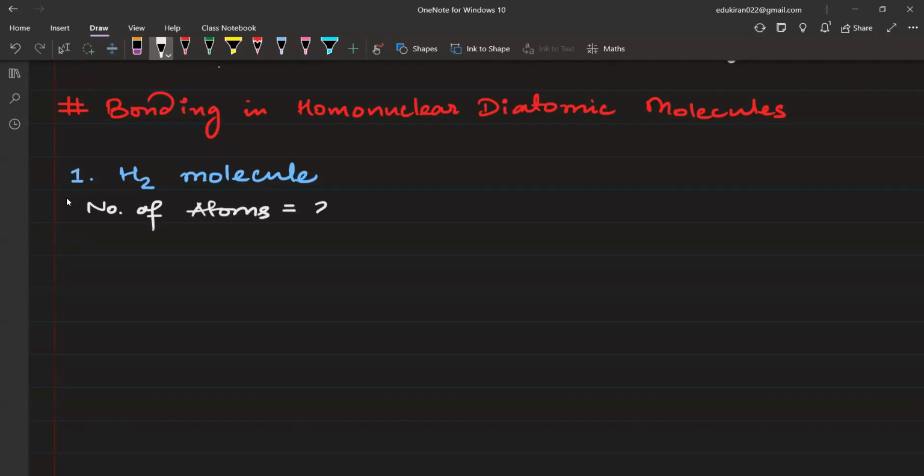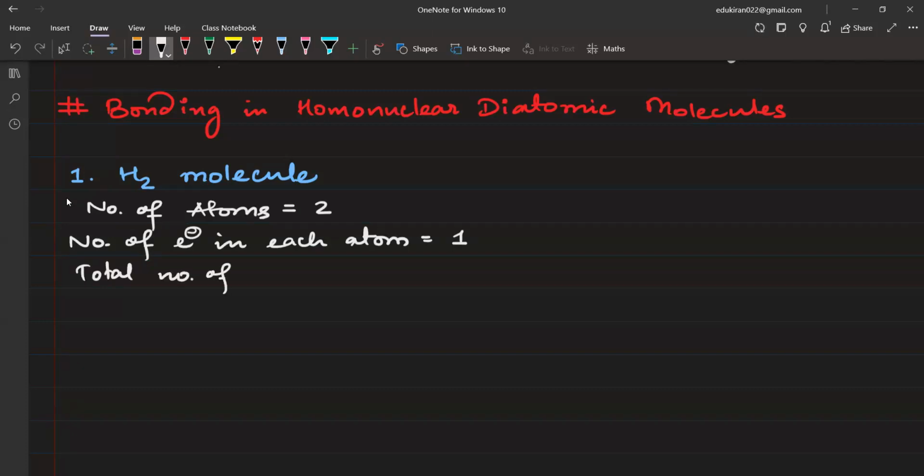Number of electrons in each atom: one hydrogen atom is going to have one electron, correct? So total number of electrons is equal to 2.